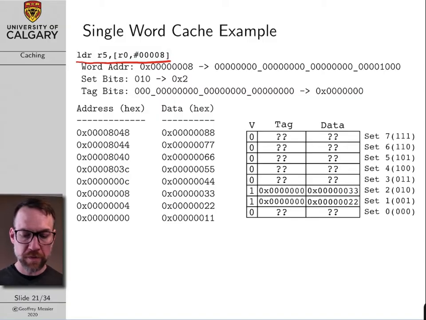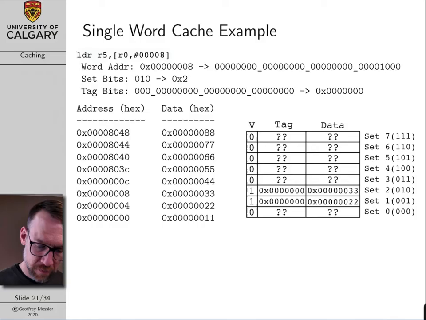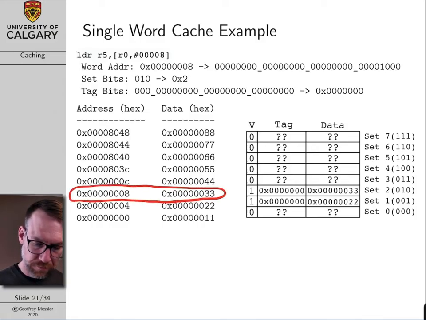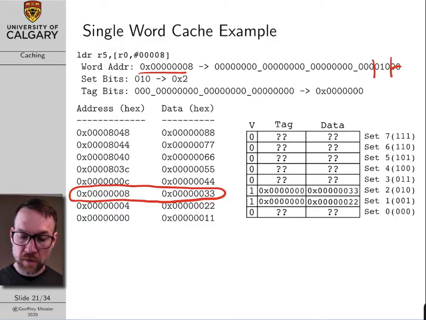In this next example, we have a load word command where, again, we have a base address of 0 and an offset of 8. That means we are accessing this area of main memory. If we take our word address and break it out in binary form, these lower 2 bits we get rid of because they're the byte offsets. Our set bits are the next 3 bits, 0, 1, 0, so we're going to copy our word into set 2 in the cache.